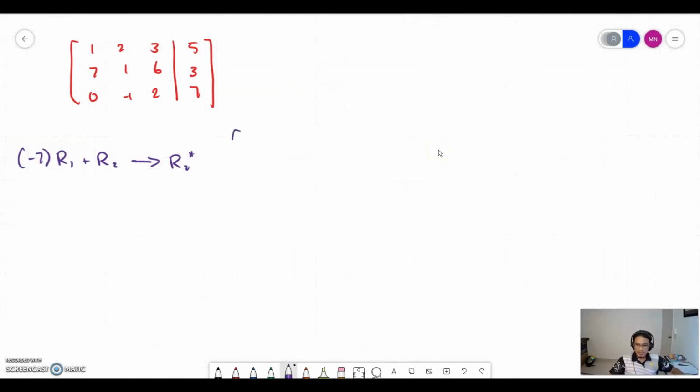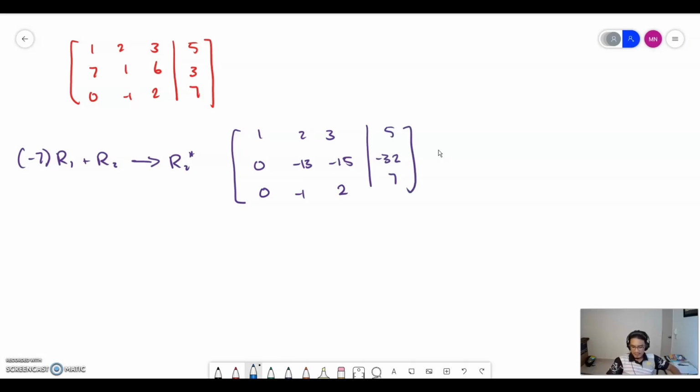Okay, so that will be 1, 2, 3, 0, -13, -15, 0, -1, 2, and on the right side 5, -32, and 7. Okay, then the next step is to change this -13 into number 1.